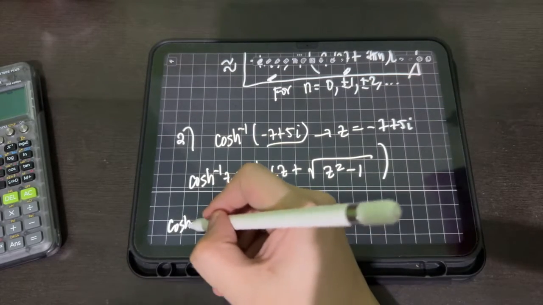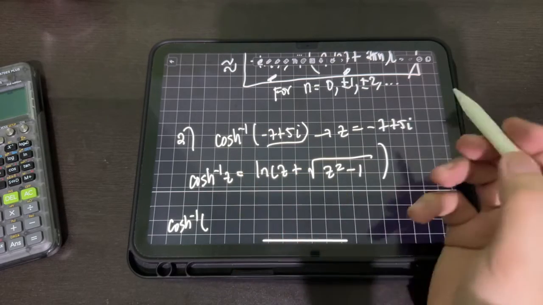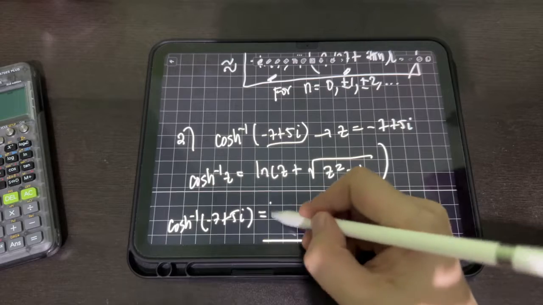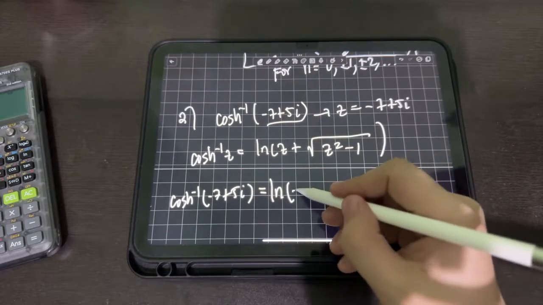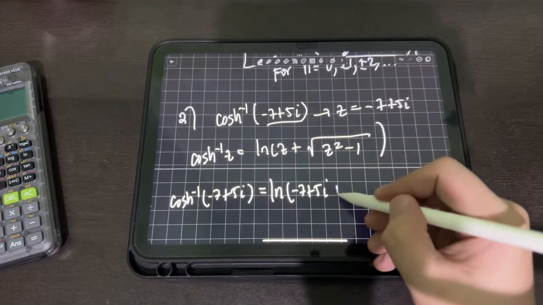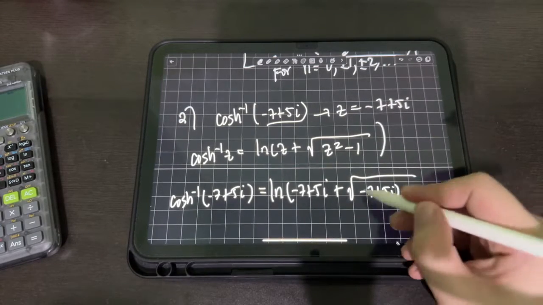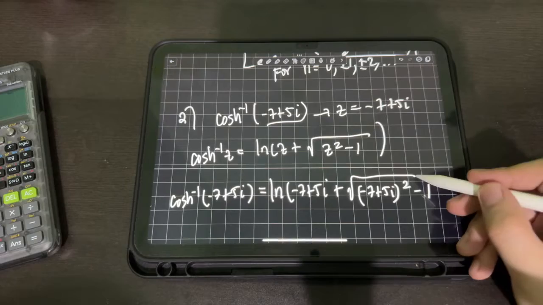If you substitute the value of z, we will have r cosh of negative 7 plus 5i equal to ln of negative 7 plus 5i, plus the square root of (negative 7 plus 5i) squared minus 1.